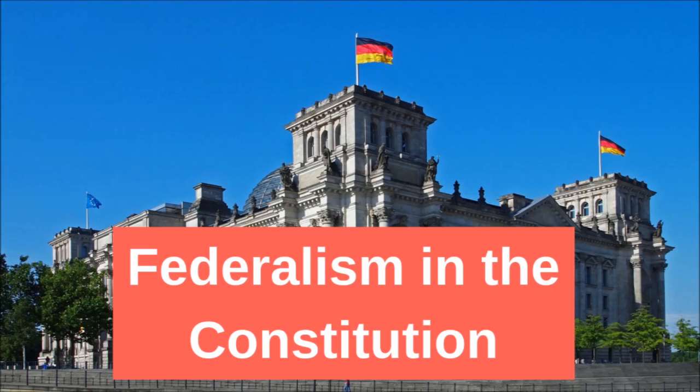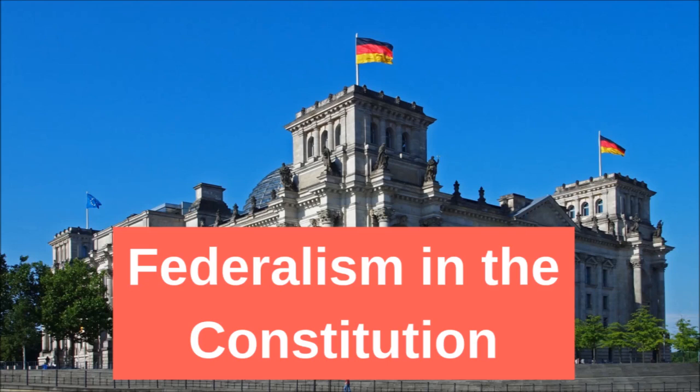Article 30 emphasizes the sovereignty of the states. The outflow of this sovereignty is in particular the cultural sovereignty, the core of statehood of the states. Federal participation in federal legislation and in EU matters is formulated in Articles 23 and 50 and is made more concrete by the act of cooperation between the Federation and the states in the EU affairs.